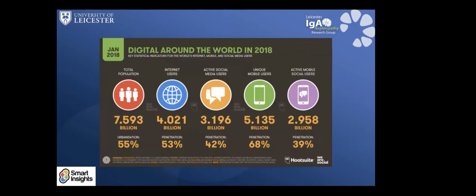And if you look at the scale of social media, you start to see why this might be something good to tap into. This is a little bit old now, but back in 2018, there were 7.6 billion people on the planet, and 4 billion of those were daily internet users.